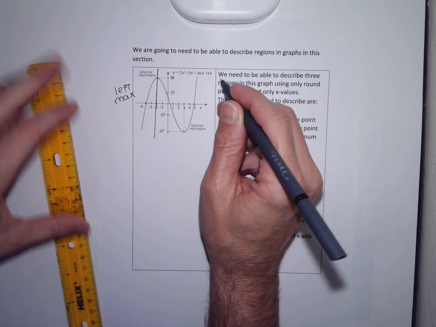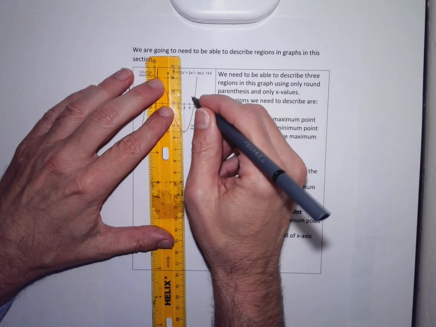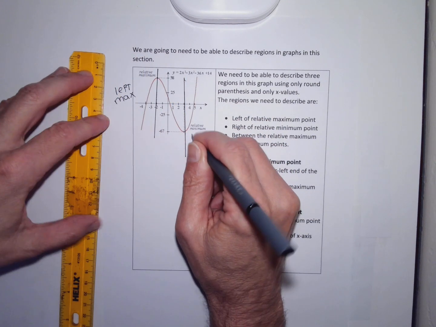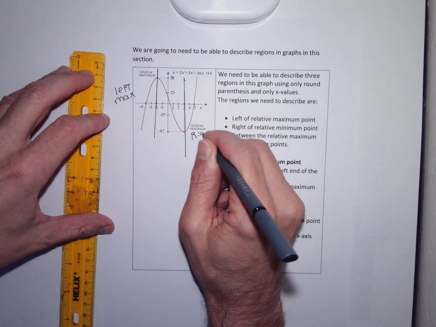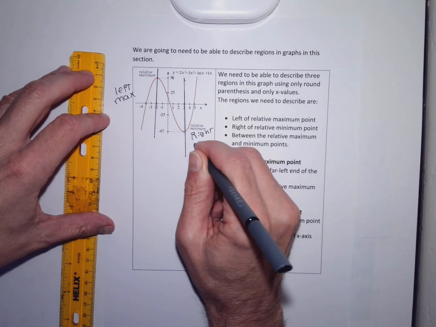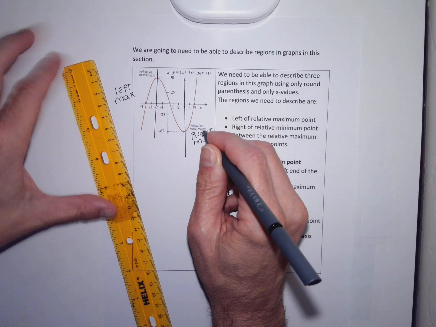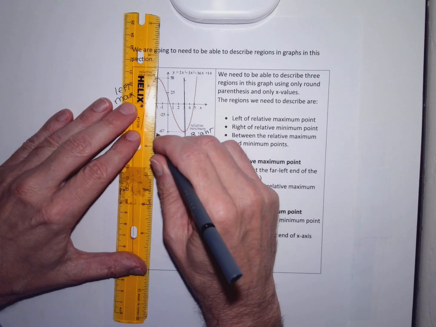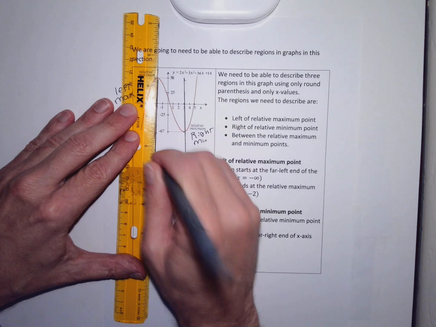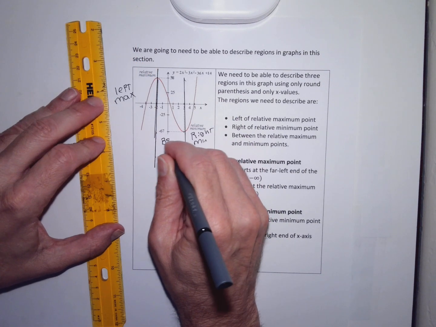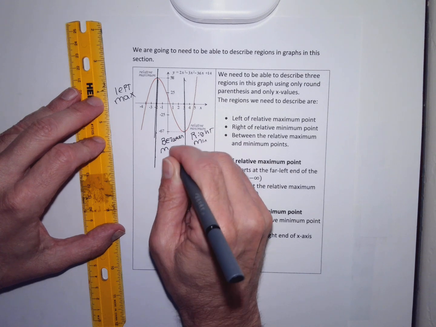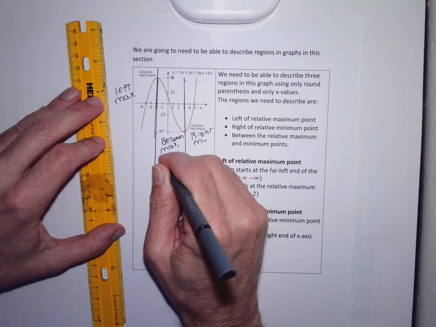I need to be able to describe the region to the right of the relative or local minimum point. And I need to be able to describe the region between the maximum point and the minimum point.